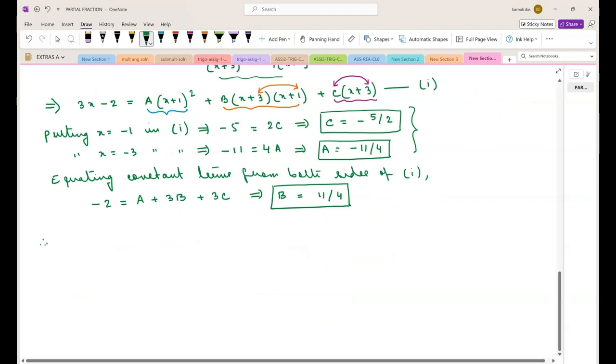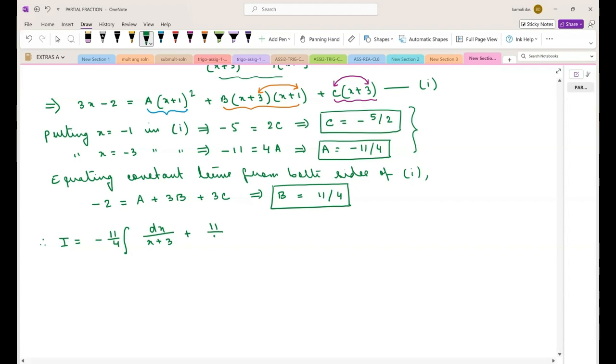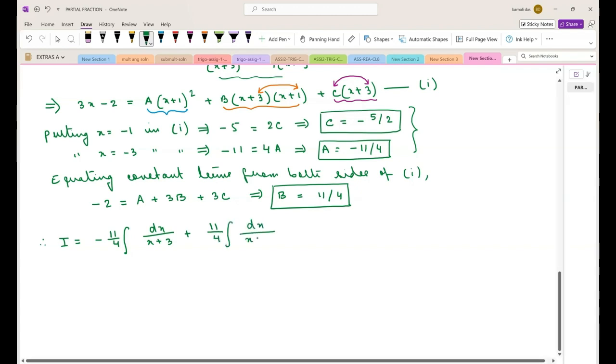Therefore, my I is minus 11 by 4 dx by x plus 3, plus 11 by 4 dx by x plus 1, minus 5 by 2 dx by x plus 1 whole square.